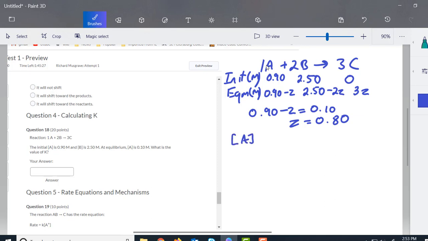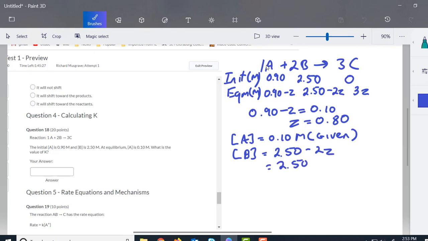So the next thing we do is we calculate what A, B, and C actually are at equilibrium. So A is equal to 0.10 molar. That's given. B is equal to 2.50 minus 2Z equals 2.50 minus 2 times 0.8, and that would be 0.90.